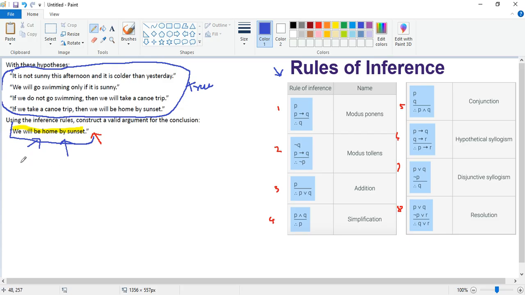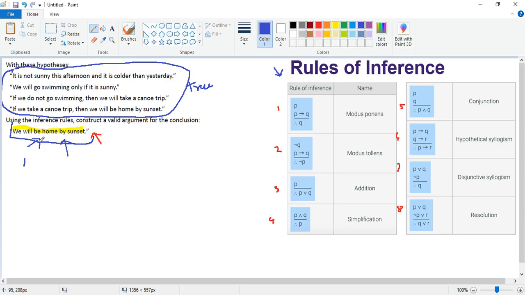So, for example, we can choose P to represent it is sunny, right?